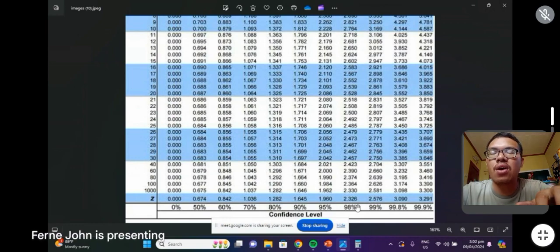So that is how you find the z-score of a certain confidence level. Using this table, it is easy for you to find it. Okay, let's go back to our problem.